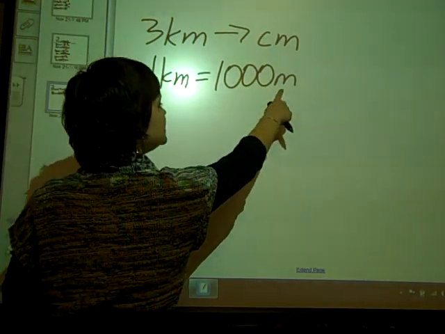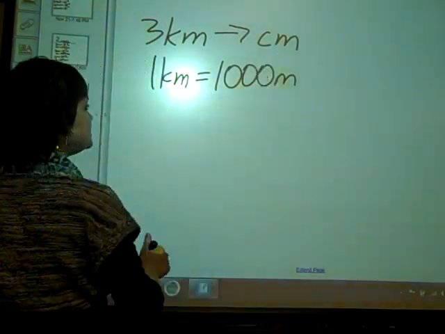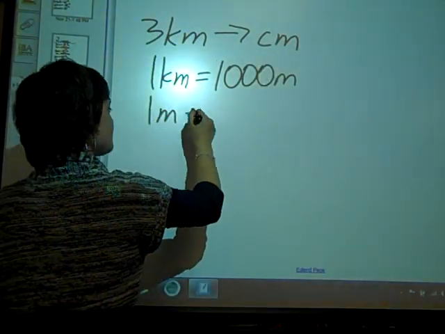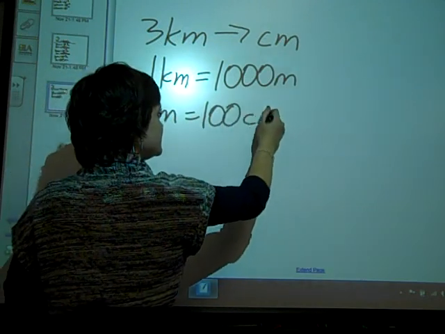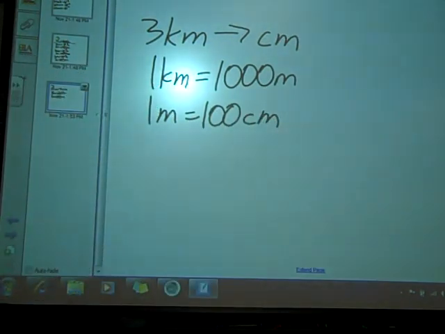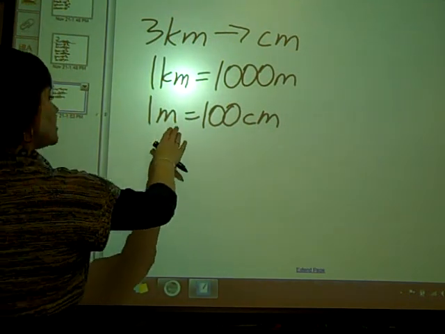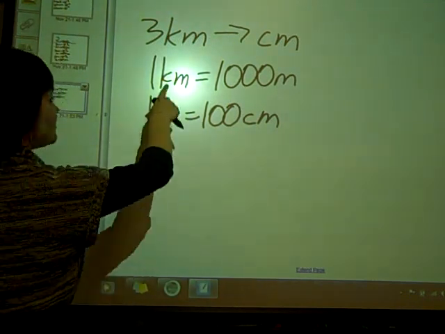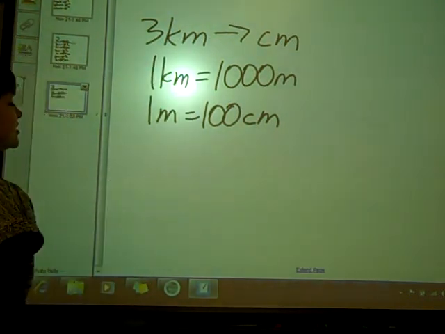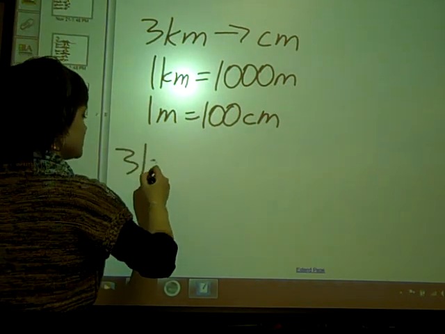So from here, I need to go from meters to centimeters. Since centi means 1/100th, again, 1 centimeter is 1/100th of a meter, means I need 100 of them to make 1 meter. I have my starting unit, I have my ending unit, I'm good to set up my boxes.